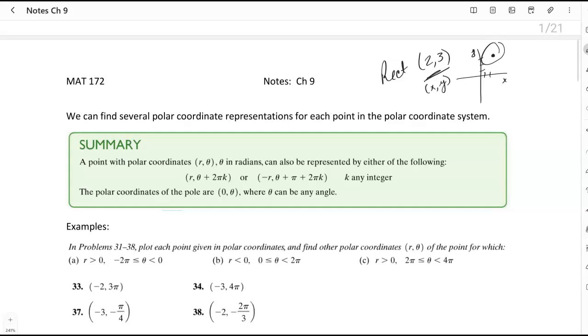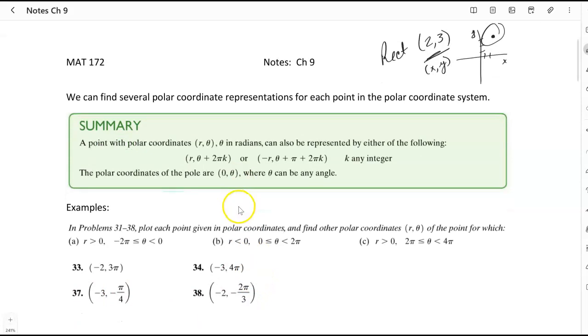But because of the nature of trigonometry and those circles and theta values, there's lots and lots of different ways I could end up at this one point if I'm thinking in terms of r and theta. Because I could think about that theta value as 0, or as 2 pi, or as negative 2 pi, and so on. There's an infinite number of ways that I could write theta, and because of that, there's a lot of ways I could think about what r would have to be to get me to the point I need to be in.